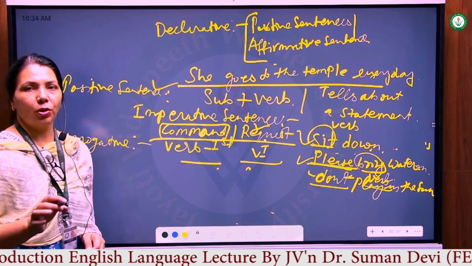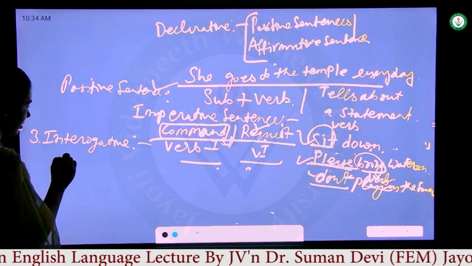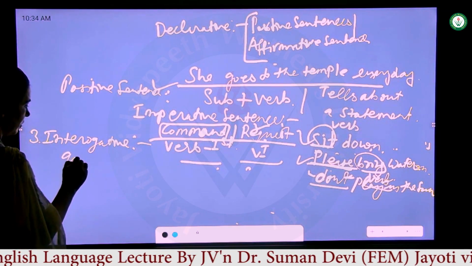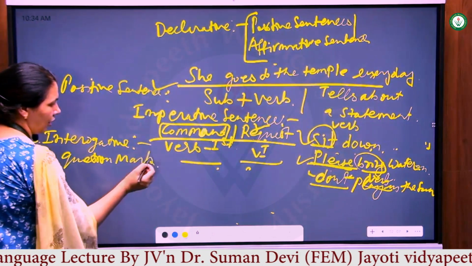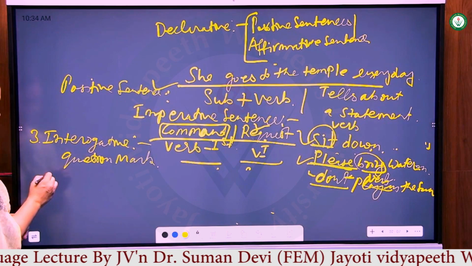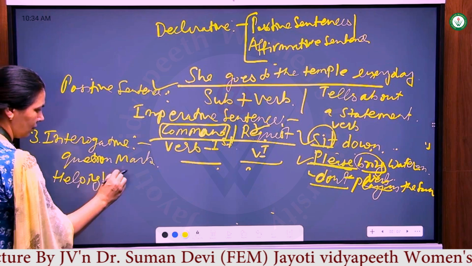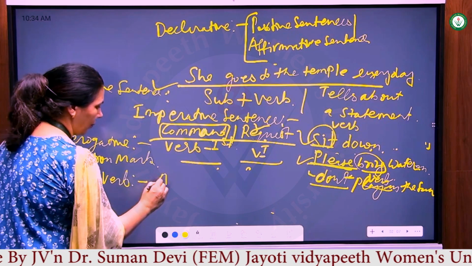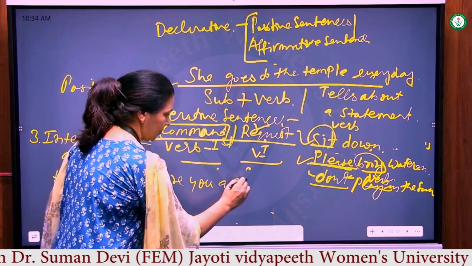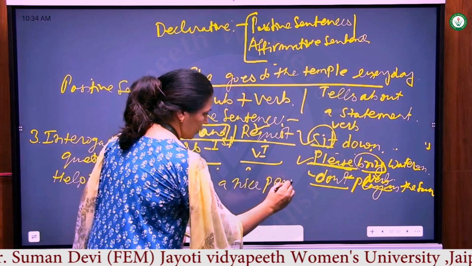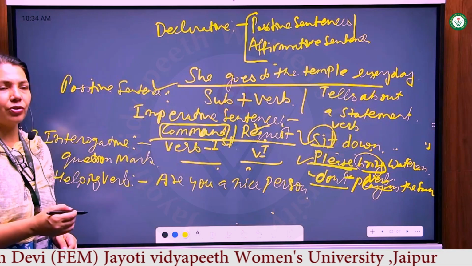You must have heard all these sentences. So when we talk about interrogative, it is related with the question mark. It starts with a helping verb. Are you coming with me? Right? Then it is interrogative.